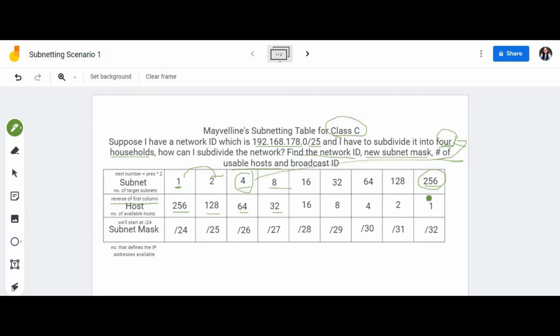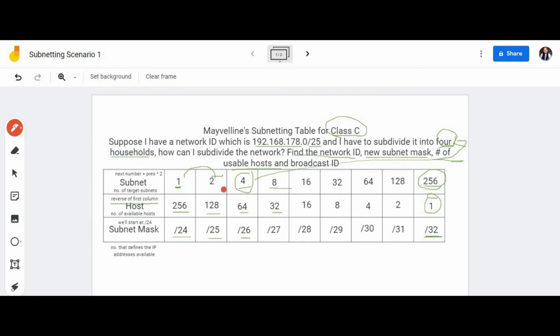So 256, 128, 64, 32, so on and so forth. Just in case you find it hard to reverse, basically just put 256 here, which is the largest number in the first column, and then divide it by 2.